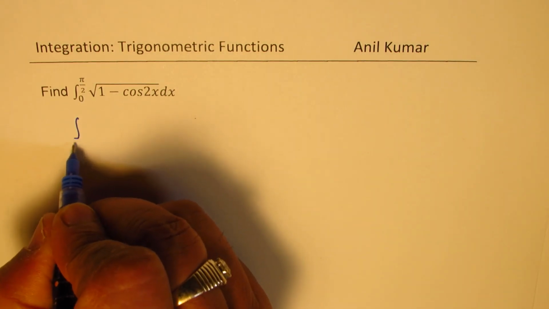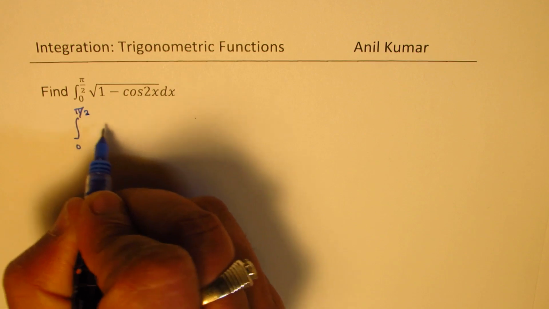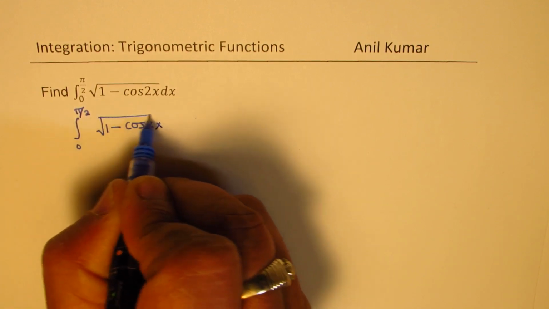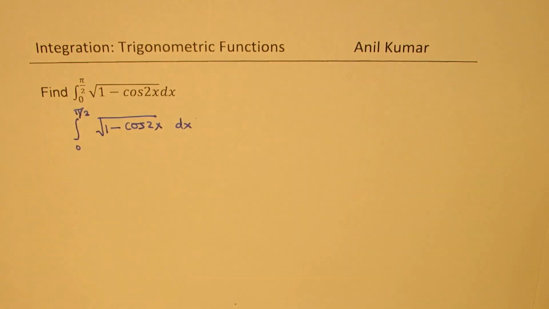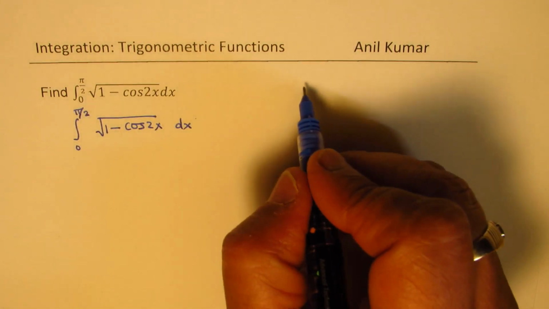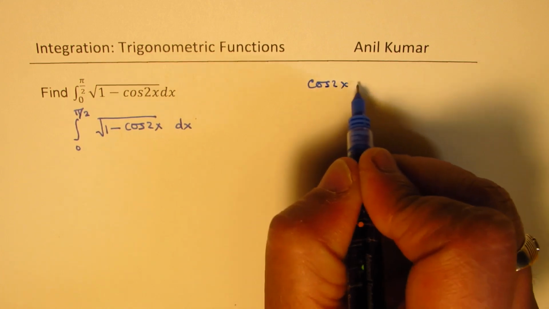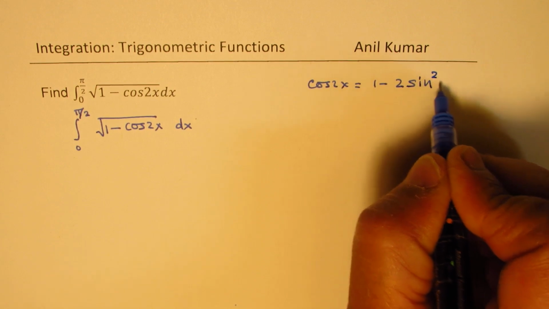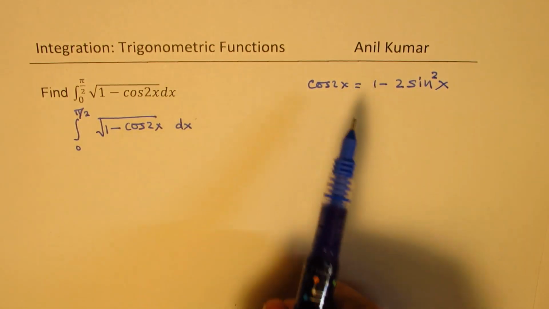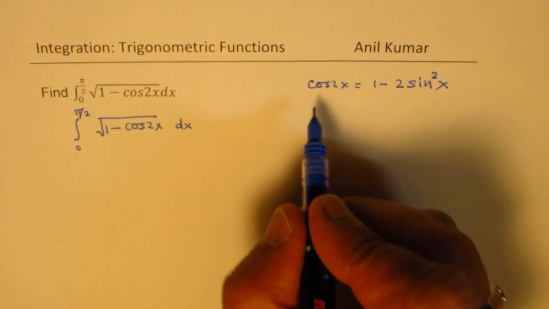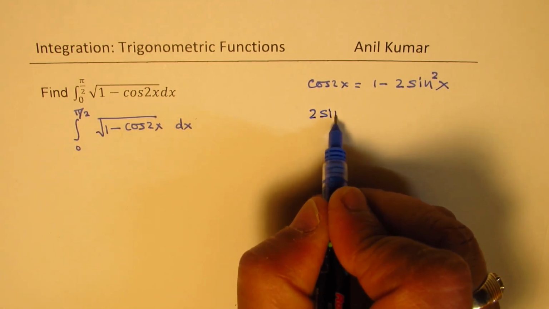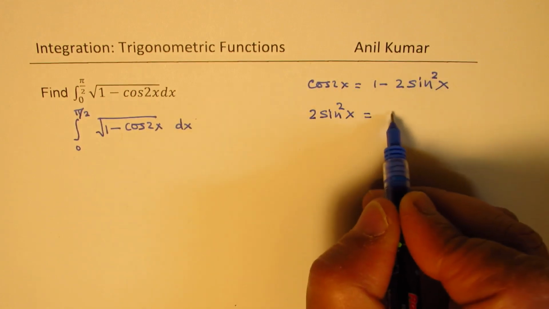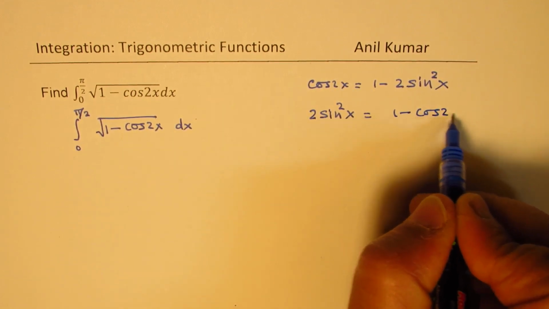This time we need to find the integral from 0 to pi by 2 of square root of 1 minus cos 2x dx. So I hope you recall the formula for cos 2x, which we wrote as equal to 1 minus 2 sine square x, right? Now, you could rearrange, as we did earlier also, so that sine square x is half of 1 minus cos 2x.